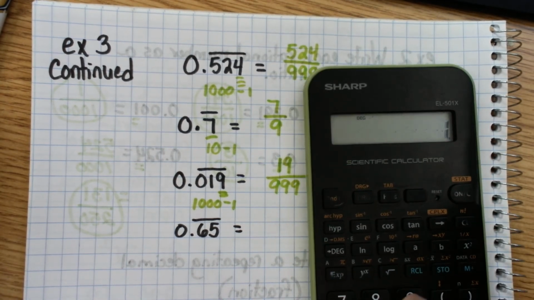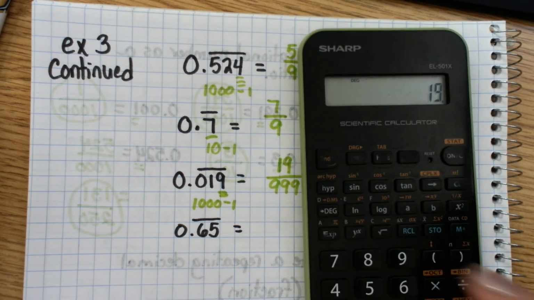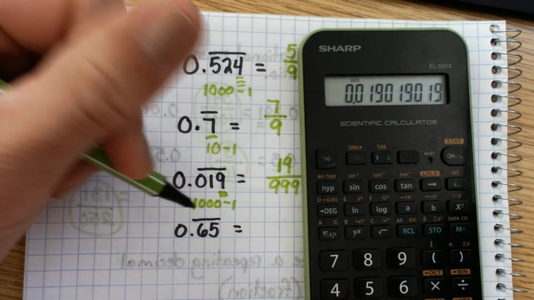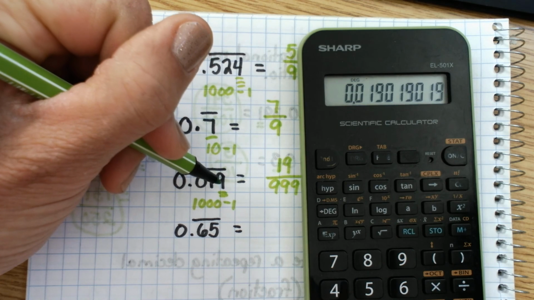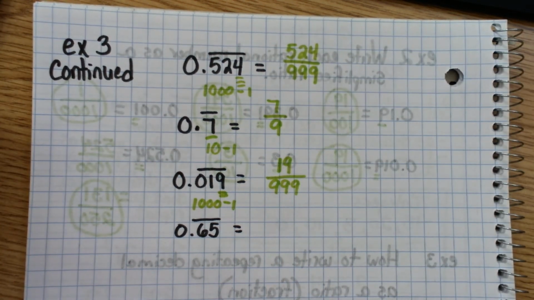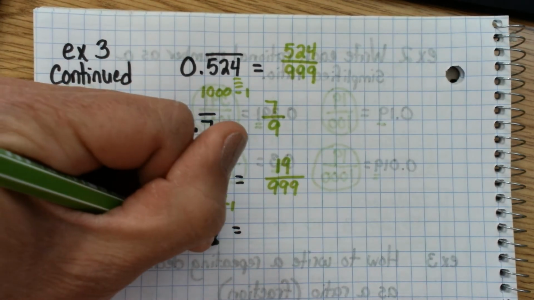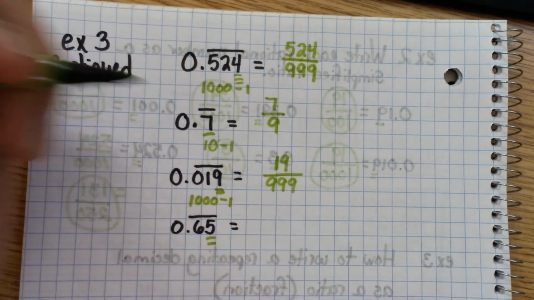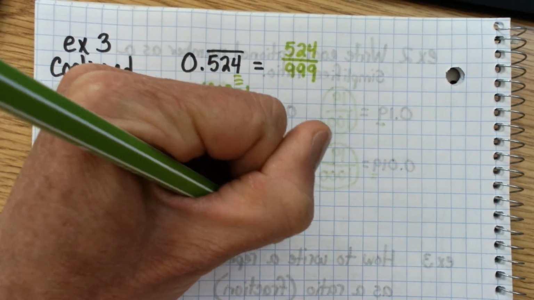I'm going to check my answer again. 19 divided by 999, 0.019019. Perfect. All right, last one. 0.65 with the repeatant. The last repeating digit is in the hundredths place, so I'm going to do 100 take away 1, which is 99.